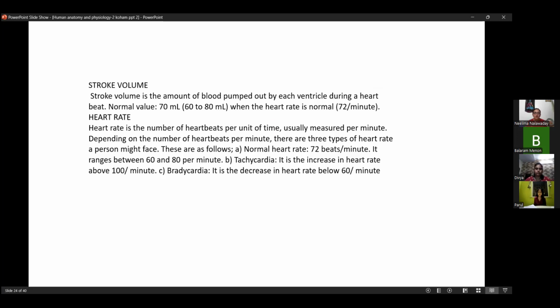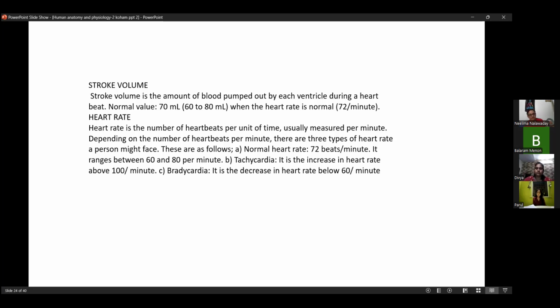It is also called pulse rate. Left radial artery, where the doctors check pulse. Do you know? This thumb and base of the thumb, there we can feel the pulsation. So doctors count there and they say that your pulse is 70 per minute, 72 per minute, 60 per minute.